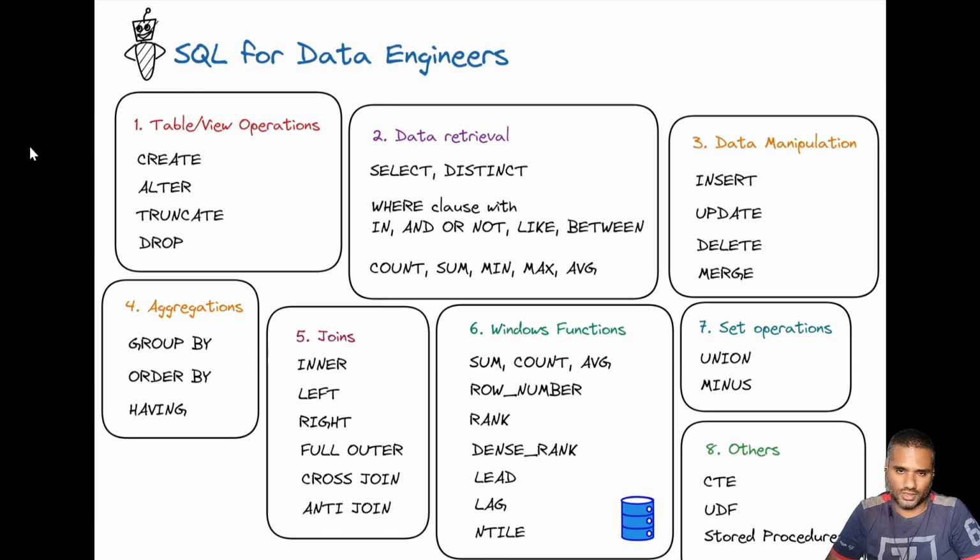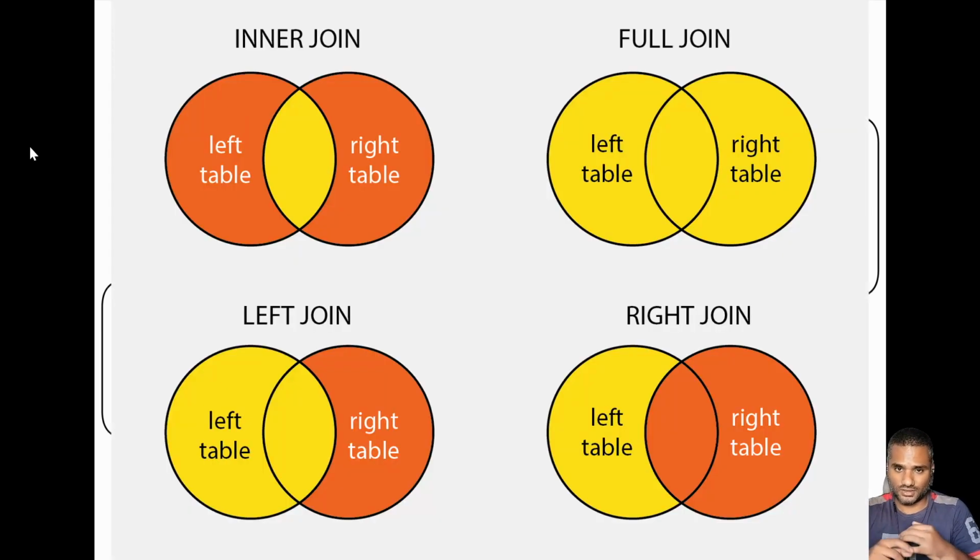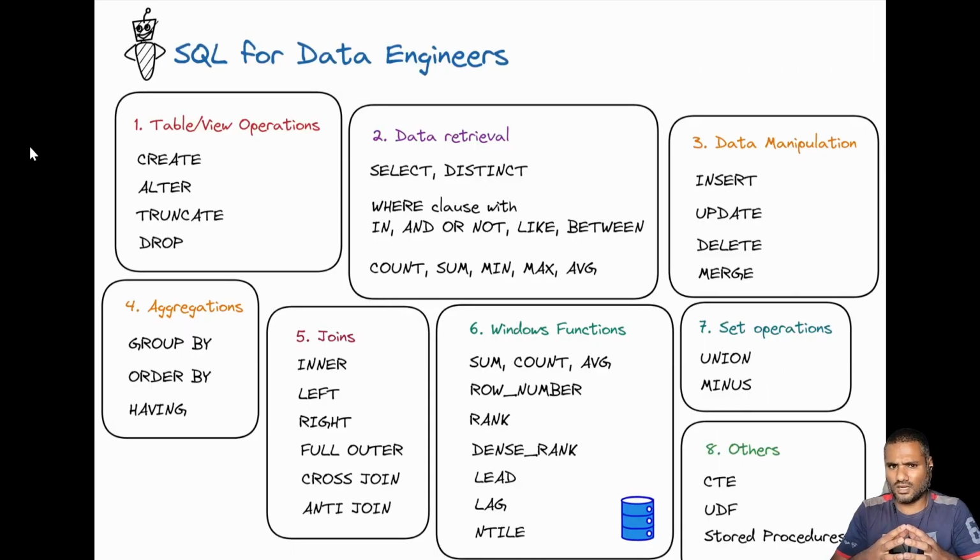Next one is joins. For any department, the relevant data for a particular business operation will span across multiple tables. If you want to retrieve all of the data into one single place, then we will use joins. Different types of joins are present, like inner join, left join, right join, full outer join. Based on our use case, we will use these joins. Suppose we want to retrieve only the data that is present in both the tables, then we can use inner join.